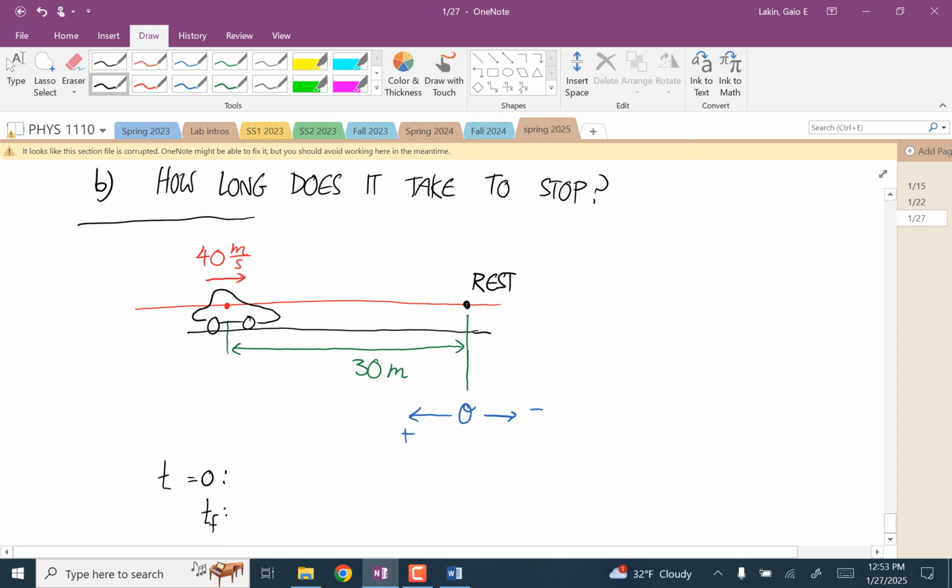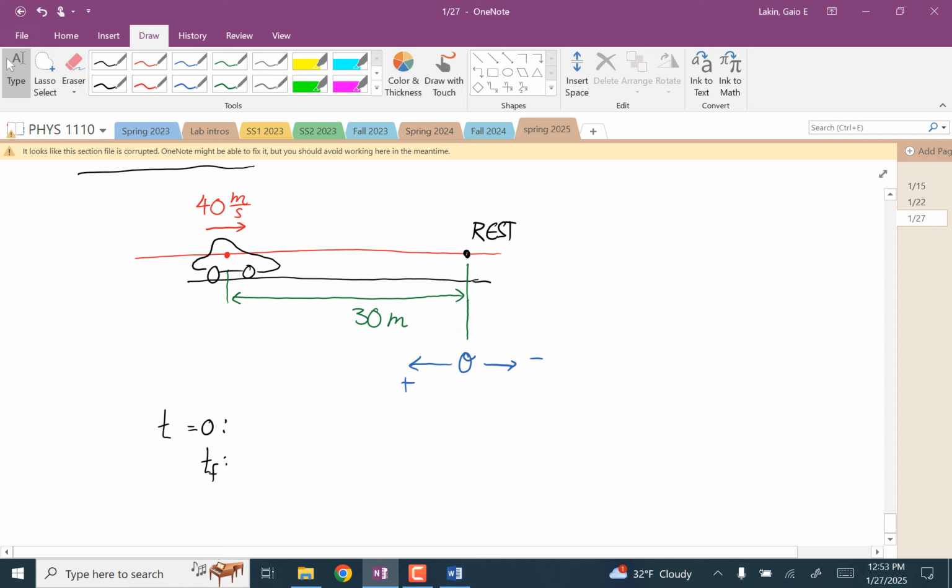So our time equals 0 is when the car hits the brakes, and our time final is when the car comes to rest. Anybody have any questions about those four?